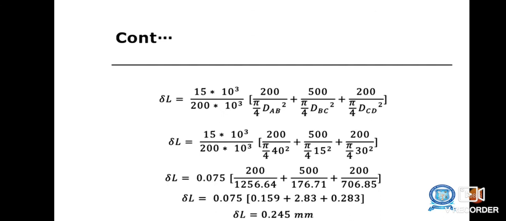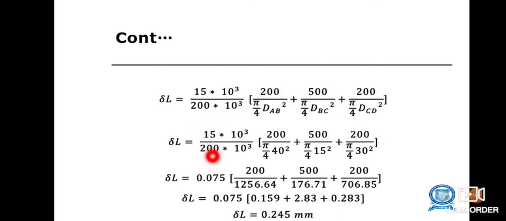The area of portion AB is pi by 4 DAB whole square, area of BC is pi by 4 DBC whole square, and area of portion CD is pi by 4 DCD whole square. So we apply all the given values inside the formula. Del L is equal to 15 into 10 power 3 divided by 200 into 10 power 3, close the bracket, 200 divided by pi by 4 40 square plus 500 divided by pi by 4 15 square plus 200 divided by pi by 4 30 square.